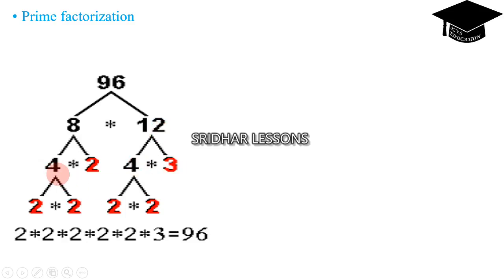The factors of 4 are 2 into 2. That means the prime factorization of 96 is 2 into 2, 2 into 2, 2 into 3. This is called prime factorization.